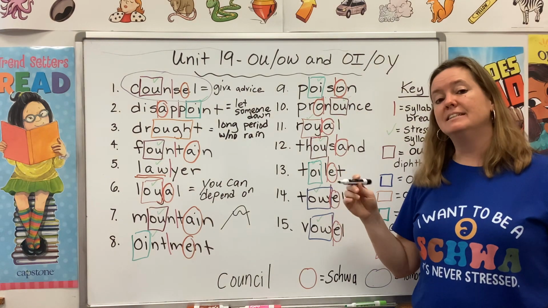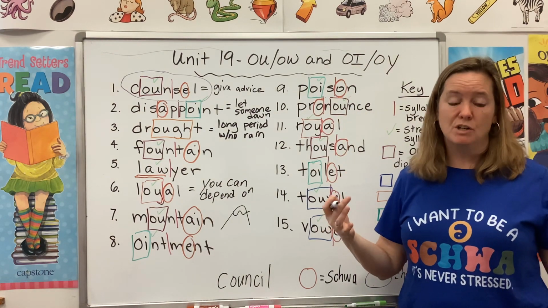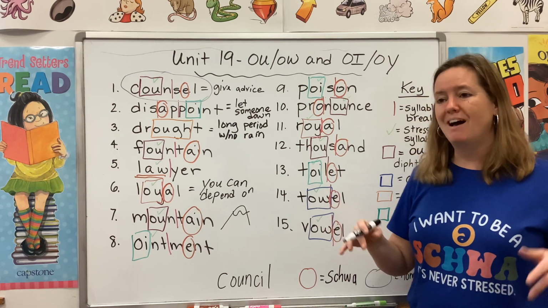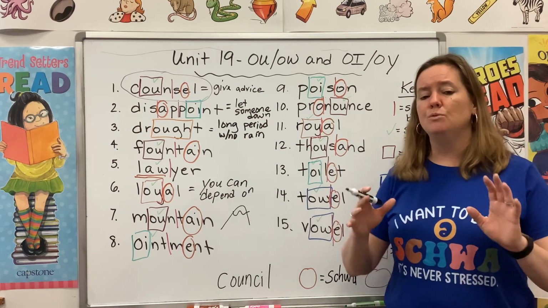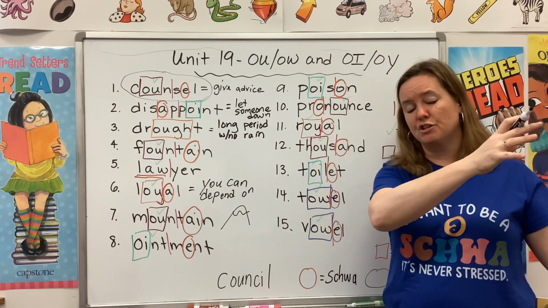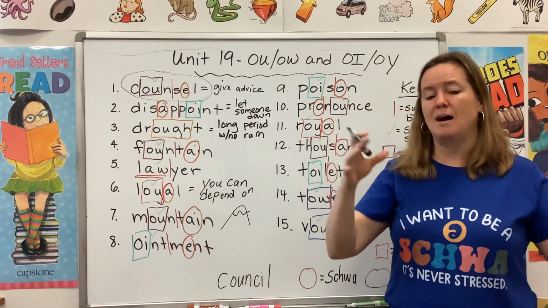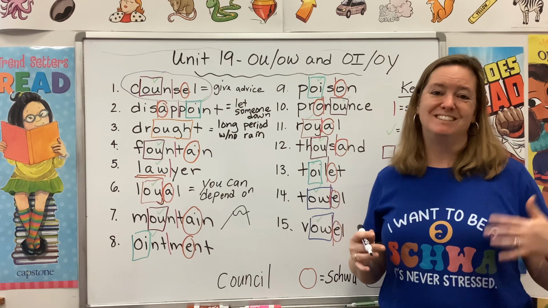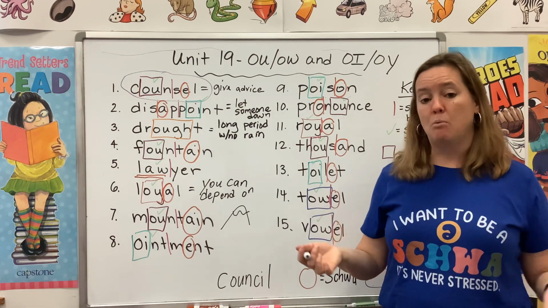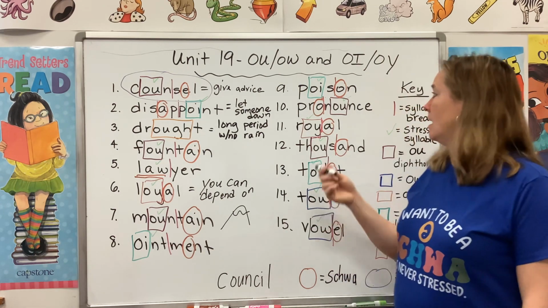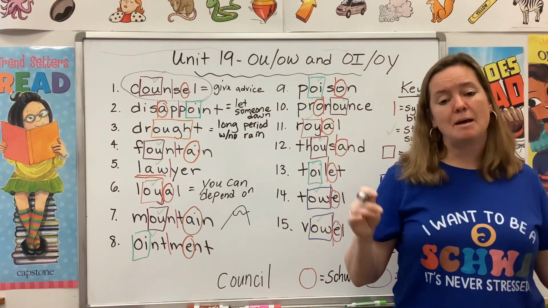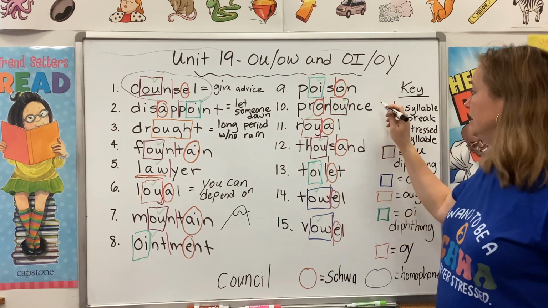Poison is something that will kill you or could kill you, right? So if you have little brothers and sisters, you know that you have to keep your detergent pods up high. You have to keep your cleaning products up high, because if the little ones swallow it, it could be poisonous. It could kill them.